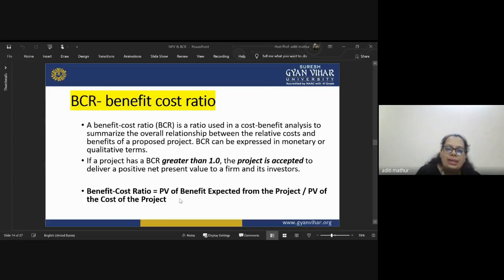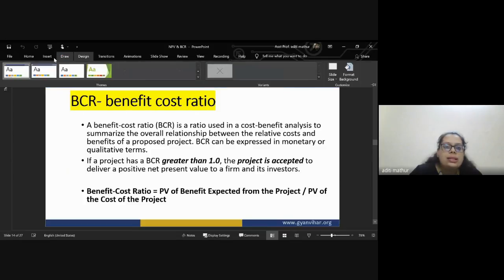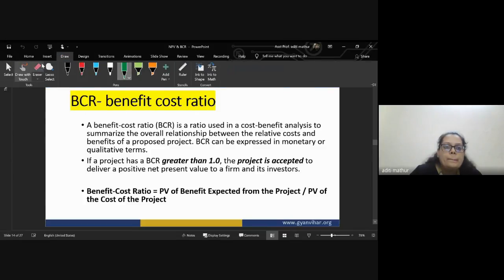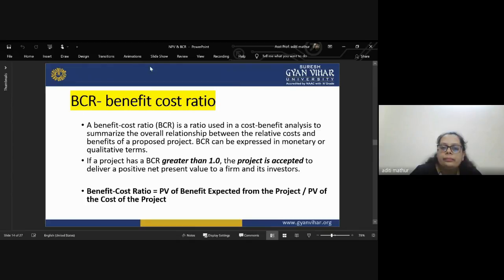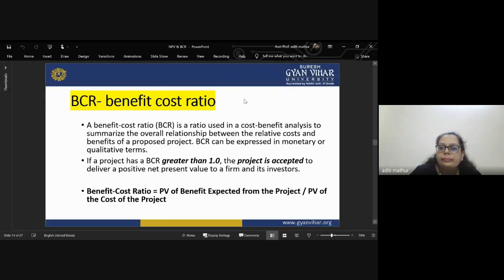So your BCR formula is, BCR equals present value of benefits divided by present value of cost.